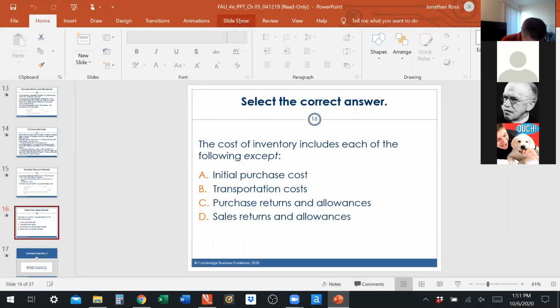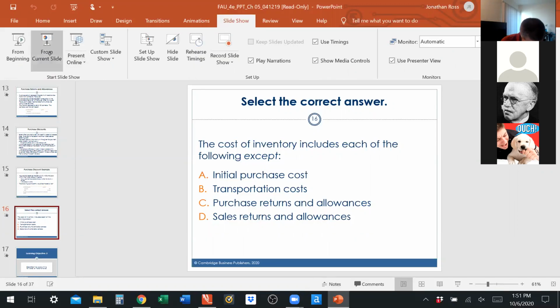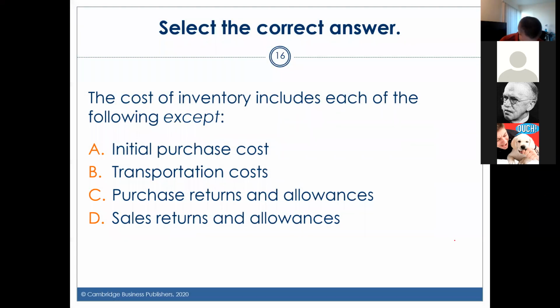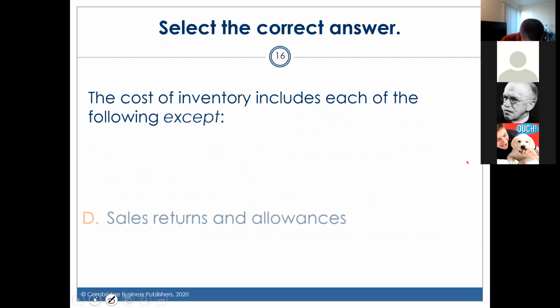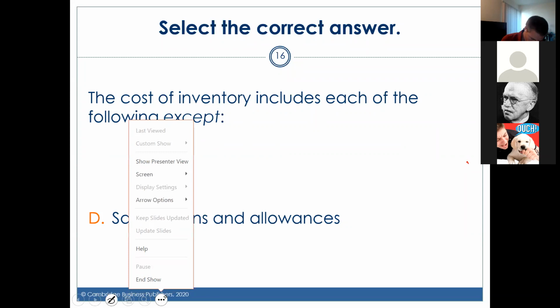So I believe the answer here is C. So it includes A through C, like I said, but it does not include, obviously, sales returns and allowances.